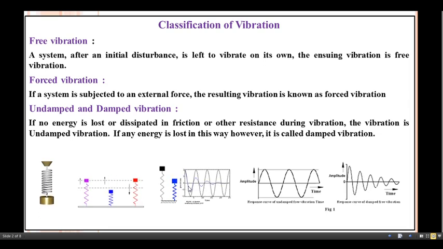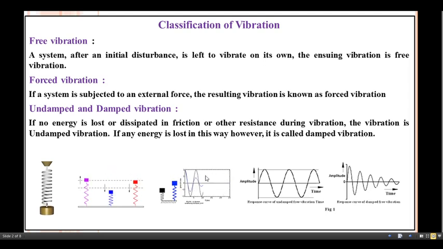At the same time, look at this blue signal also. Whatever loss takes place during the motion, maybe because of some energy loss, is known as damped vibration, and the black one is known as undamped vibration. No energy loss takes place, which is why we get this signal continuously, periodic.